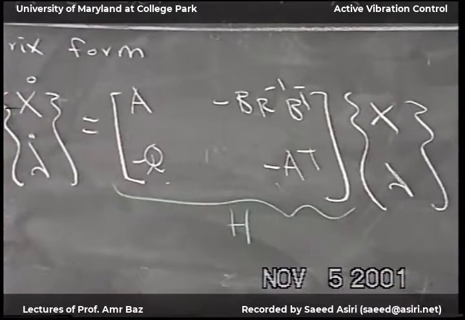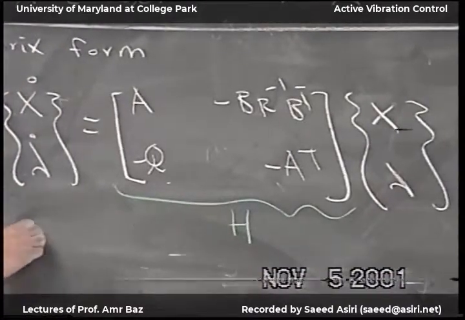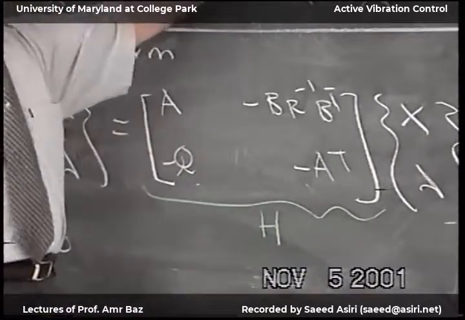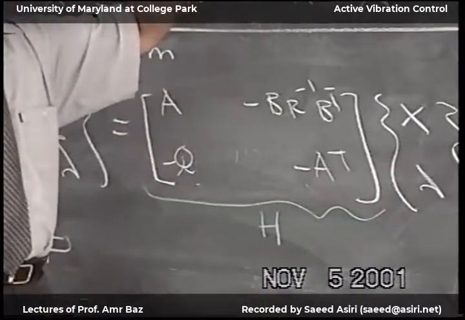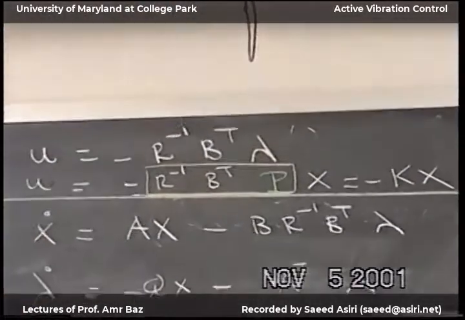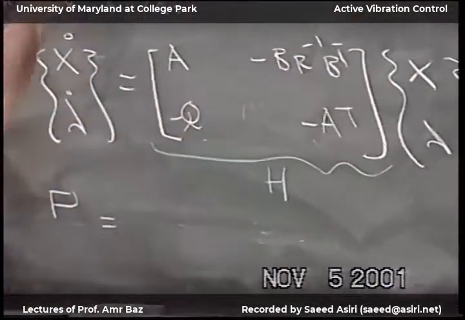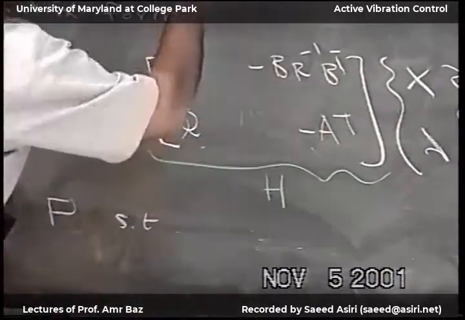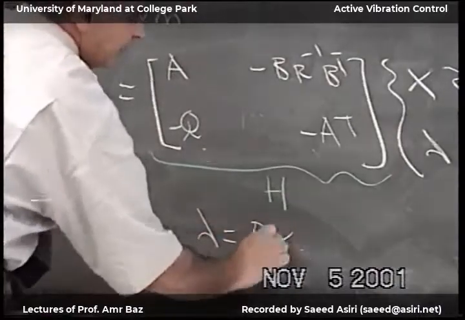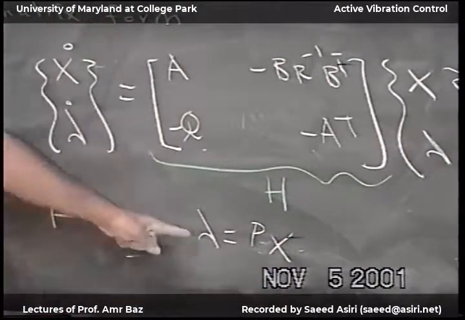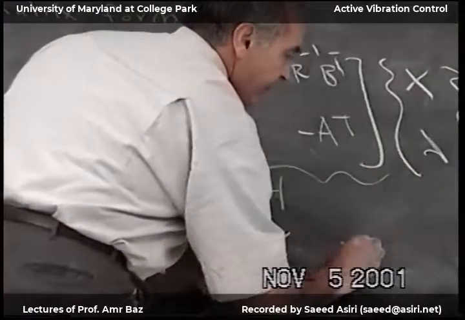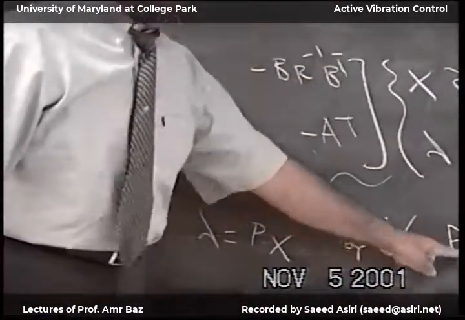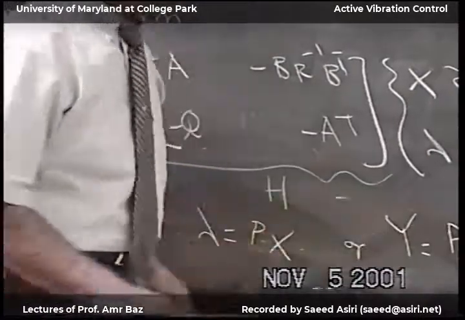And we said now, I'm going to let P be a matrix that relates these two, such that either lambda is equal to Px, or we make this capital Y, which says that P is equal to capital Y X inverse.